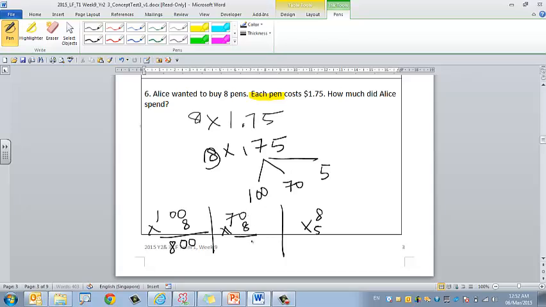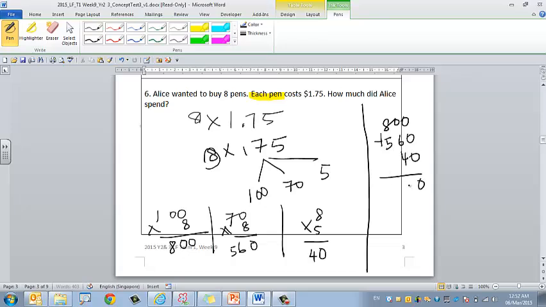Now here, copy the 0. 7 times 8 is 56. 8 times 5 is 40. So last step, we will need to plus all of it together. So we plus 800 plus 560 plus 40.